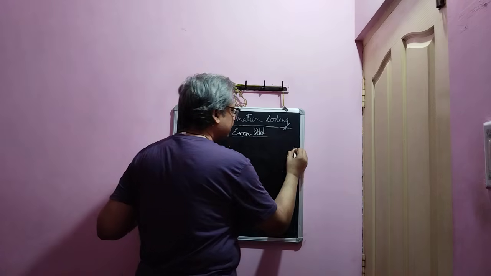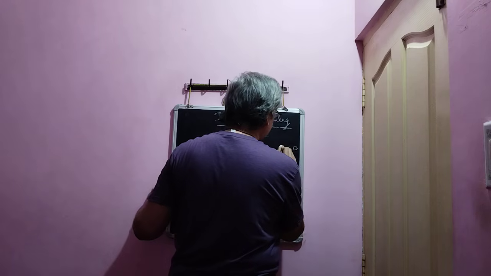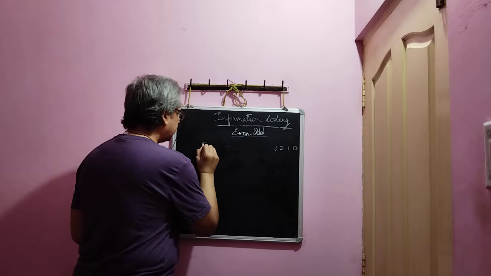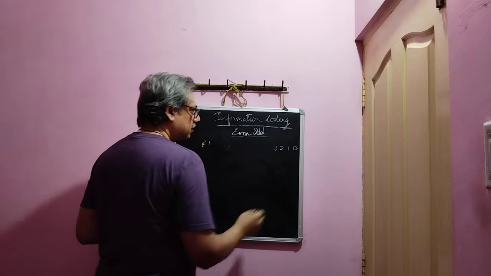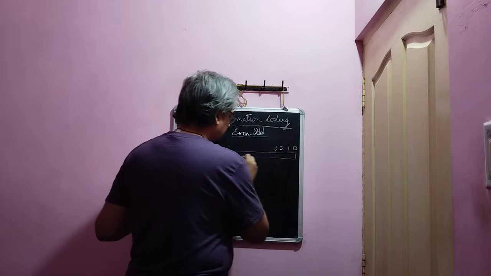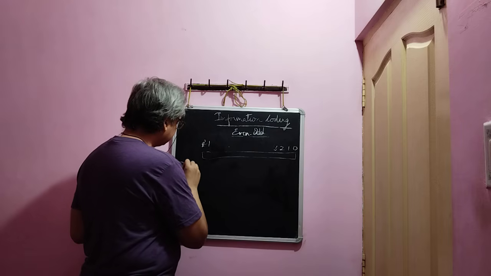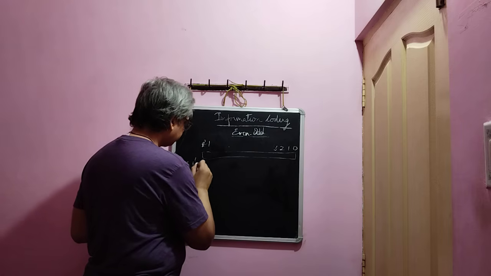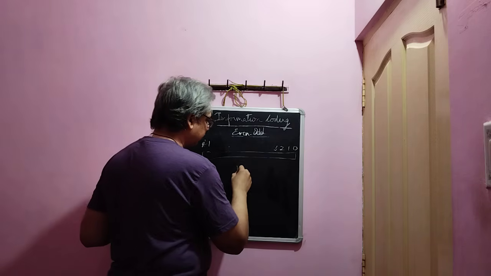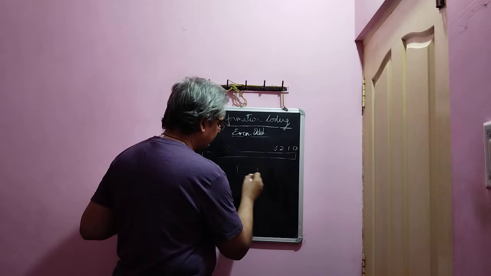Here you have L bits numbered from 0, 1, 2, 3 up to L minus 1, and this is the length of the information. There are L bits and there are R ones in that. So what you do is, first, it is a form of tree coding.